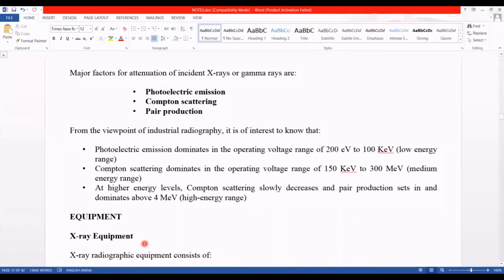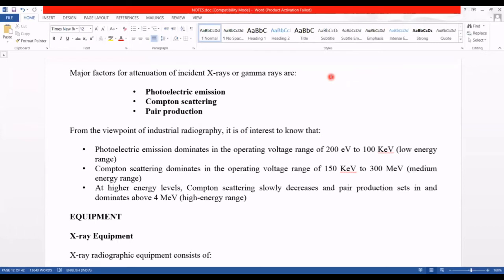Here we have three ways: photoelectric emission, Compton scattering, and pair production. Photoelectric emission is one factor for reducing intensity. The second one is Compton scattering; Compton is a scientist's name. The third one, pair production, is also a reason for the attenuation of the incident radiation.